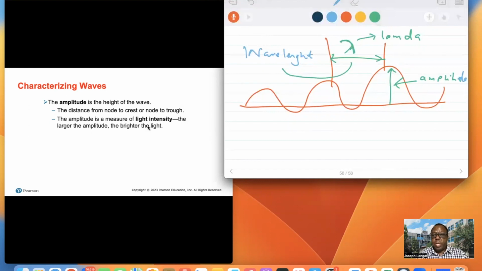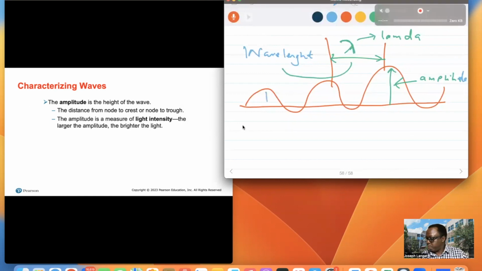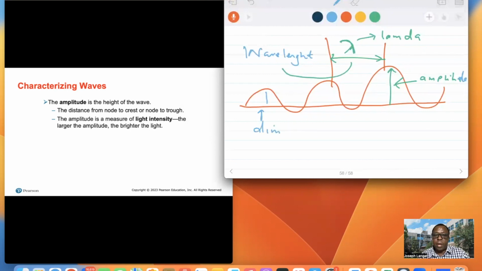So the dimmer the light, the lower this will be. Like here, I can say dim. It doesn't have high density. This could be bright because of the height of the amplitude. The higher it is, the more intense the light is. You have to know what amplitude signifies in a wave.